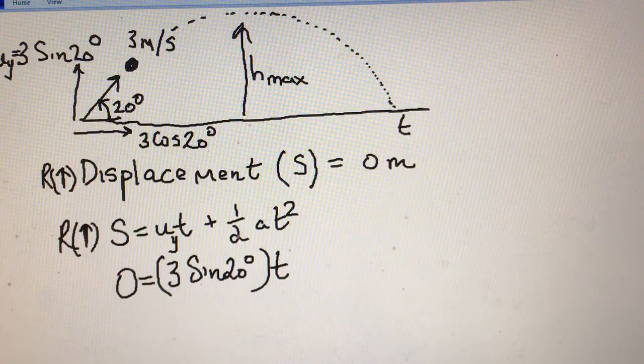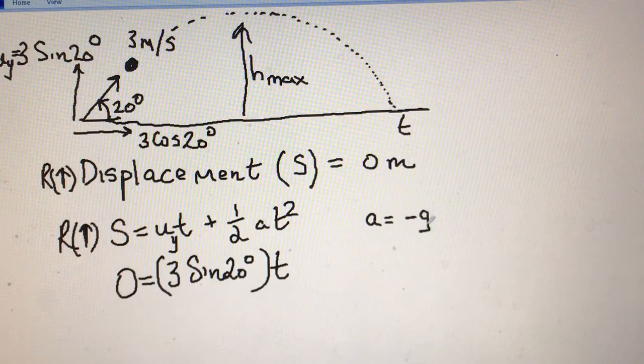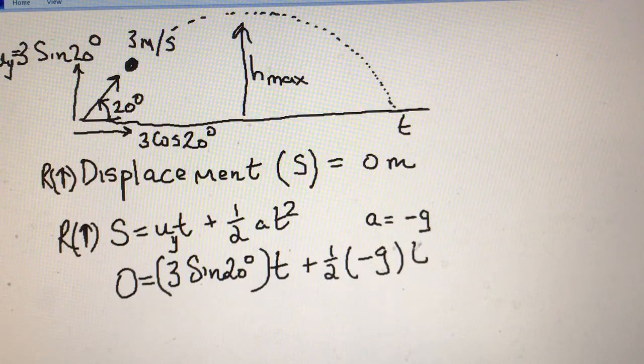We've also got the component of the equation, half times acceleration times t squared. Because the object is moving against gravity, the acceleration is going to be minus g, simply because it's moving upwards against the force of gravity. So it's plus half minus g times t squared.